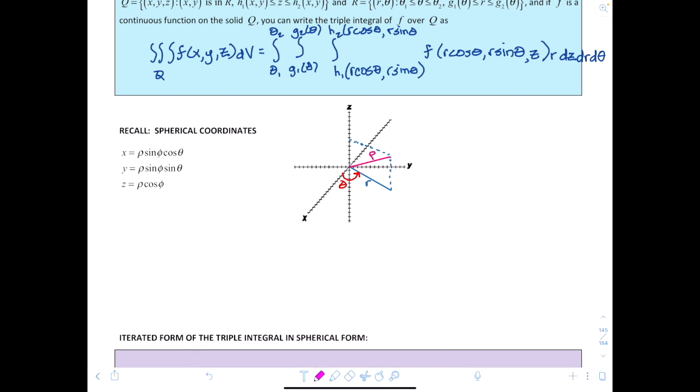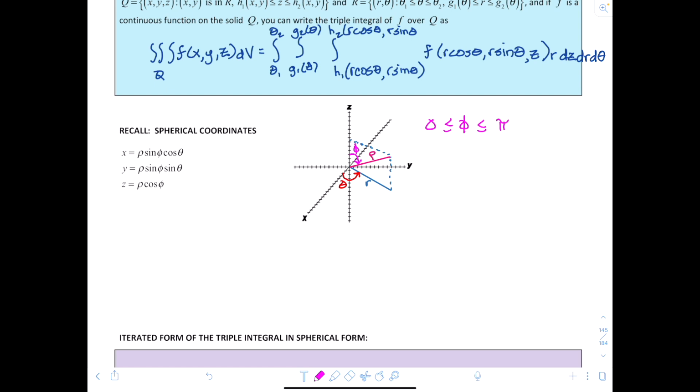This would be phi, this rotation. And then we've got our phi is in between 0 and pi inclusive. Cool, cool?